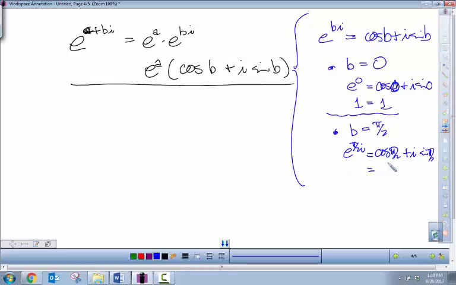So what's cosine pi over 2? 0 plus sine pi over 2, i. So it looks like e to the pi over 2 i is equal to i. It's a little bit more interesting. Sure it is. According to this formula, it's true.